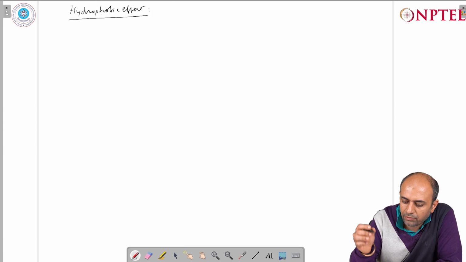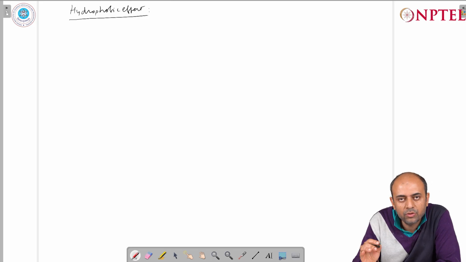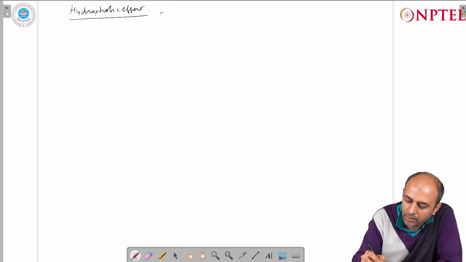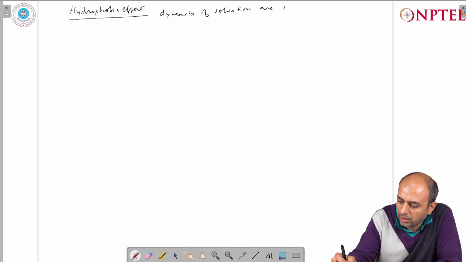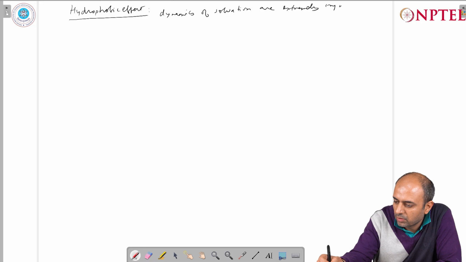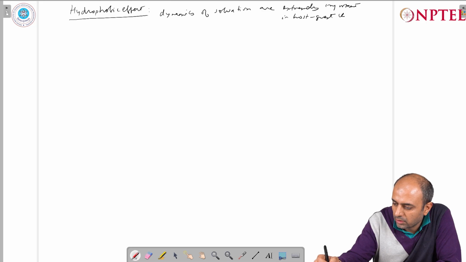Now the process of solvation, the dynamics associated with solvation is extremely important in host guest chemistry. Dynamics of solvation are extremely important in host guest chemistry.